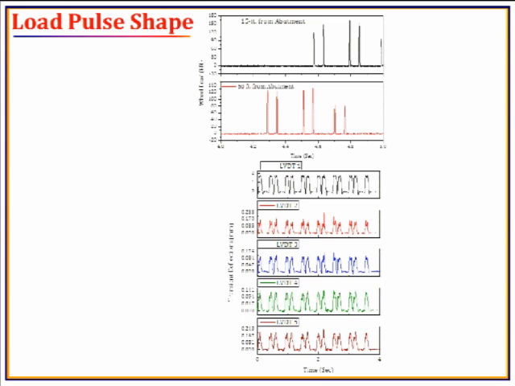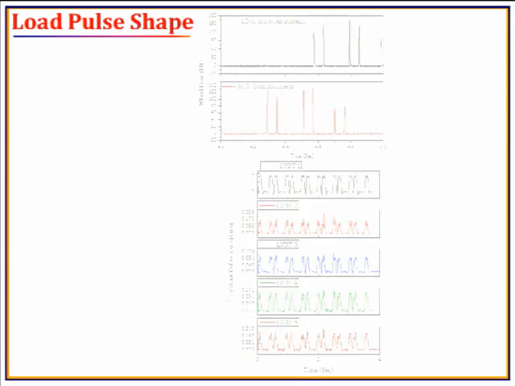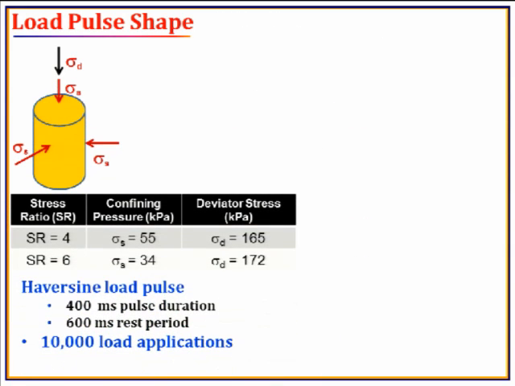So with the triaxial test setup that we have built, we are also trying to simulate this type of loading. That's why we are using 2 different stress ratios, one with 4 and one with 6, and with different confining pressure and deviator stresses.